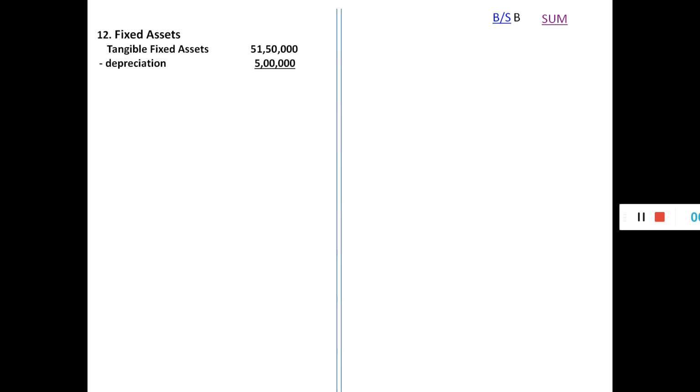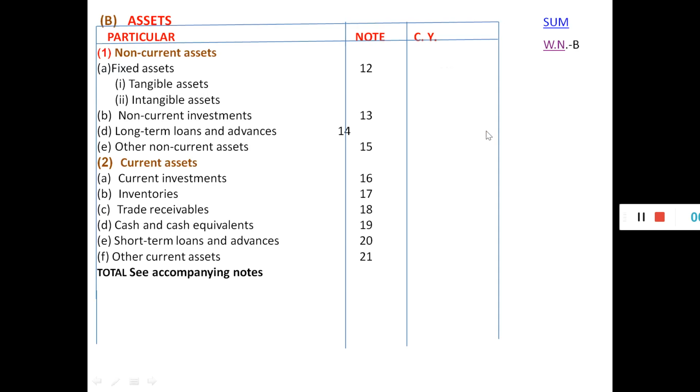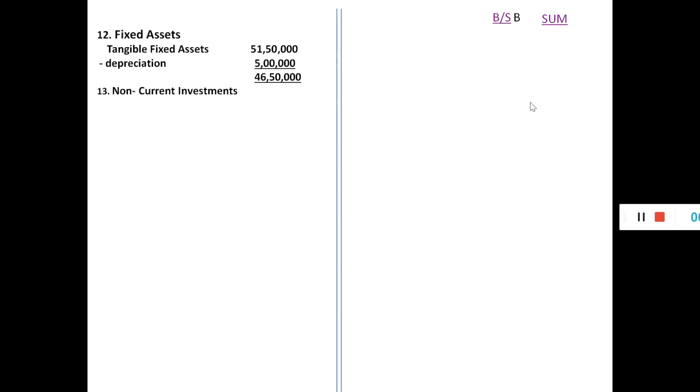Depreciation 5 lakh will be deducted. 46 lakh 50,000 will be shown in the balance sheet. Non-current investment, working note number 13. Investment 2,25,200.